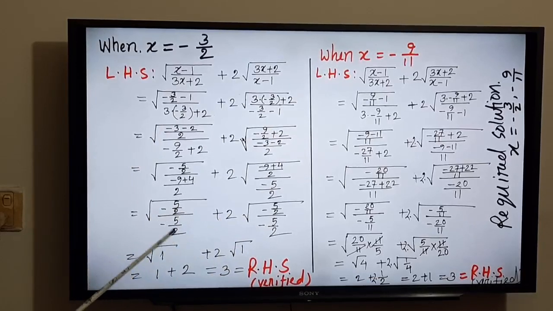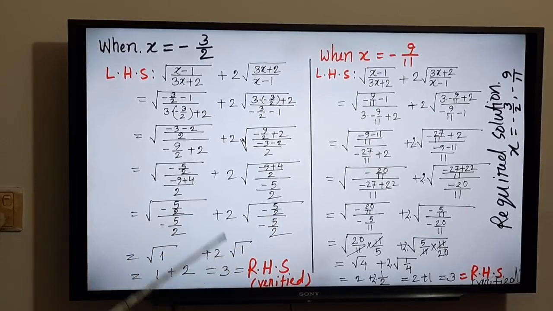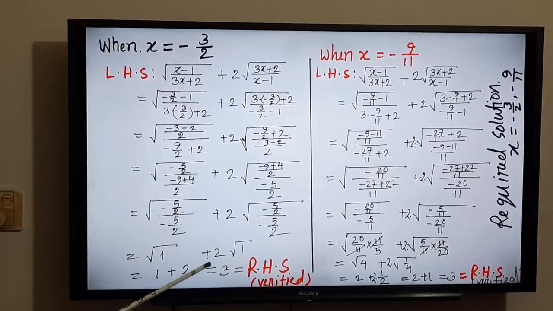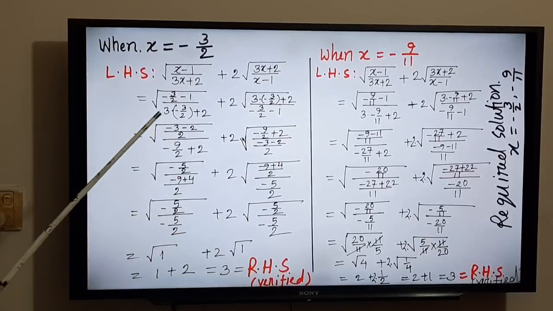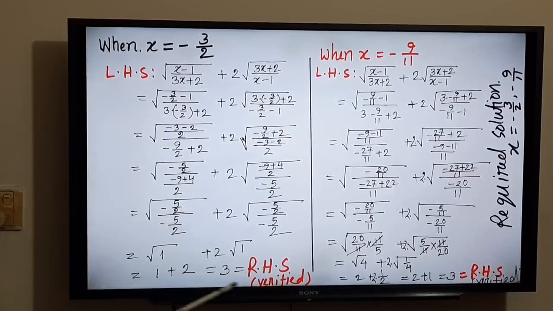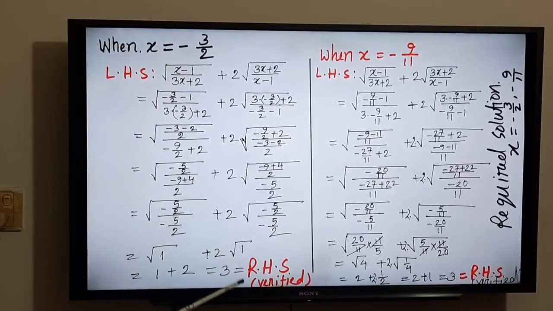After simplification it will be 1, and this also after simplification will be 1. So root 1 plus 2 root 1, that is 1 plus 2 is equal to 3, which is equal to the right hand side. So left hand side is equal to right hand side, and x is equal to minus 3 by 2 is verified.